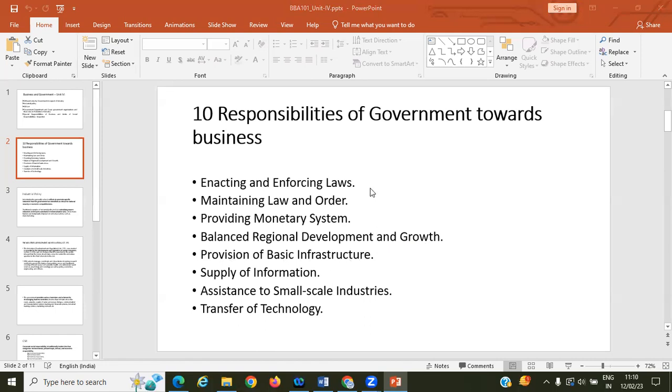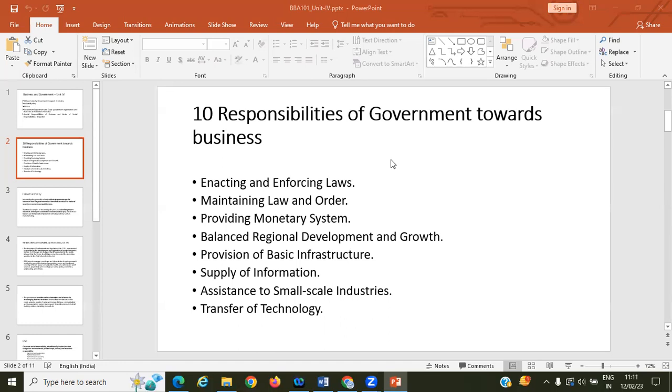Between the regional development and the growth of the company, the growth of the economy, government is observing and balancing everything. It's not that the company is growing but the economy is not growing, the region, the locality is not developing. So government is balancing everything.